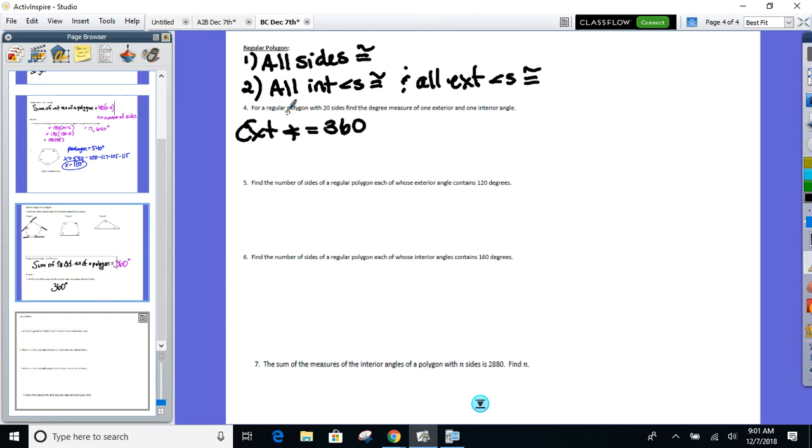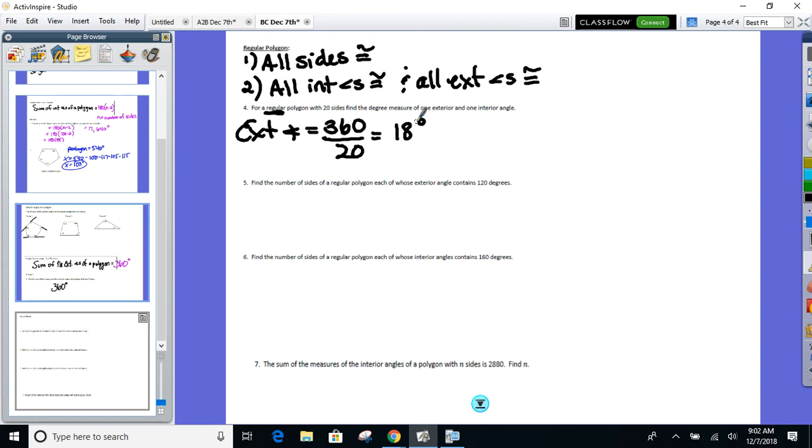And since we were told that it's regular, all of them are the same. So if I just want to find one now, what can I do with this 360? Divide it by 20. Yep. So each exterior angle for that 20-sided figure, 18 degrees.